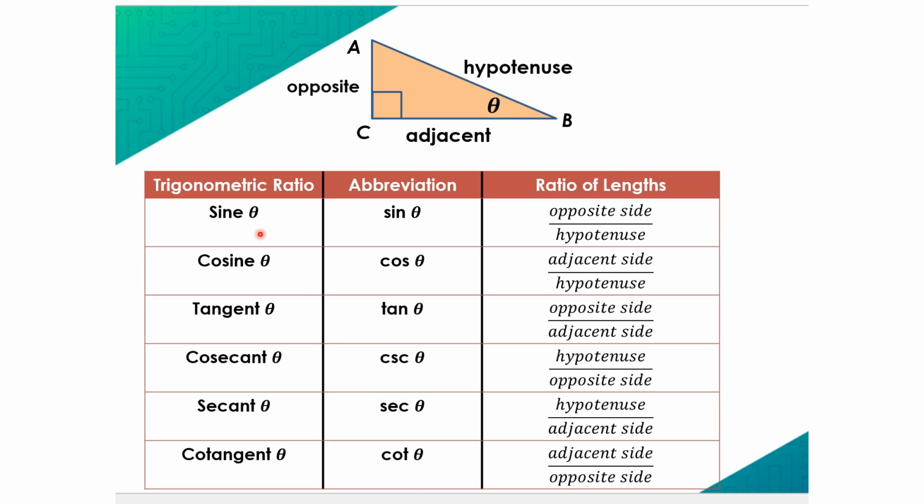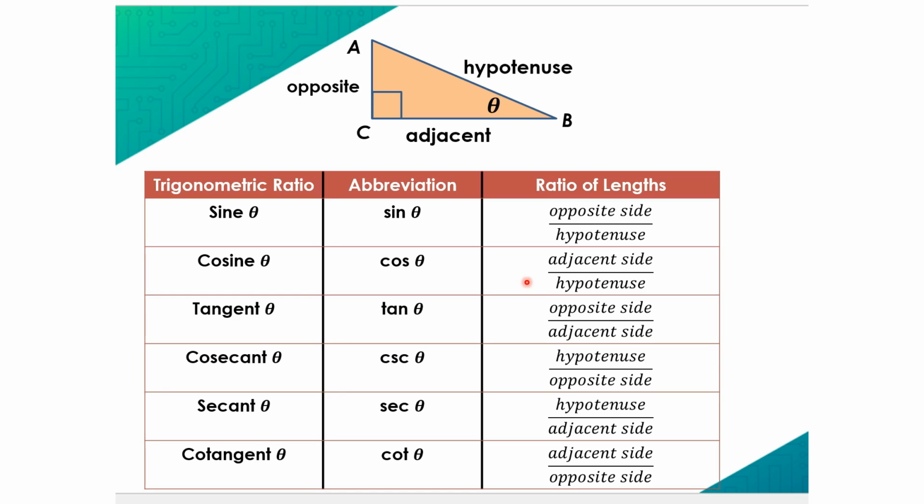So for example, we have sine. Its abbreviation is SIN. And sine is the ratio of the opposite side and the hypotenuse. Cosine has an abbreviation of cos, and it is the ratio of the adjacent side over the hypotenuse.